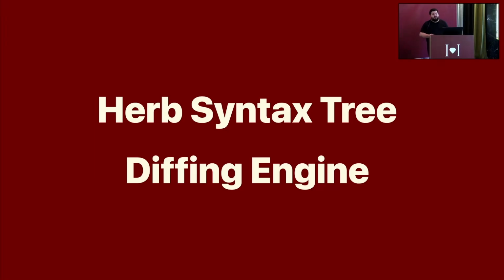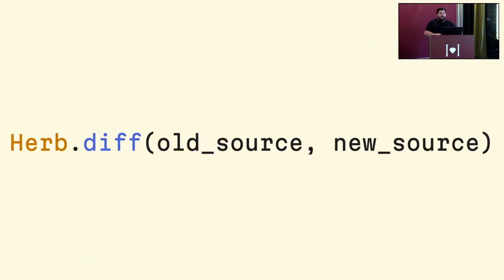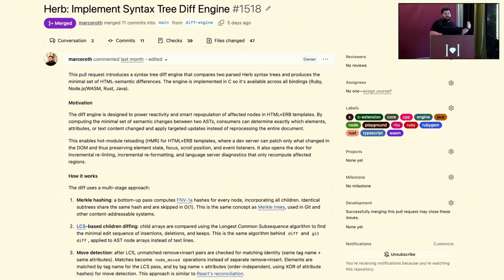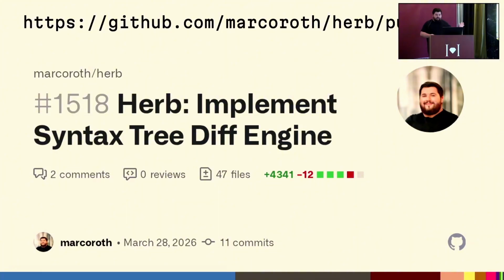So we needed to figure out a diffing engine that can compare the syntax trees that we have in Herb. The API for this is simple. You give it an old source and a new source, and it will give you the minimal amount of operations. You can check out the full implementation here. It's quite tricky and technical, but it's here.